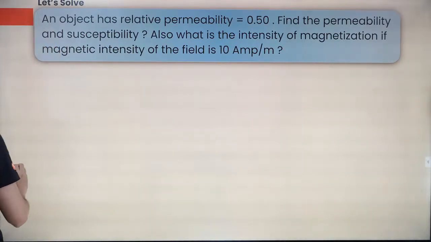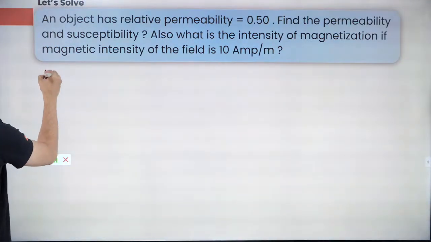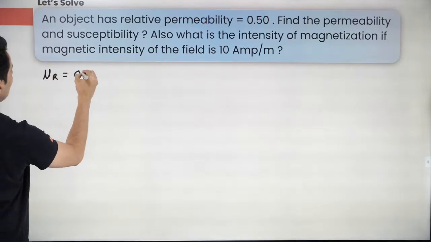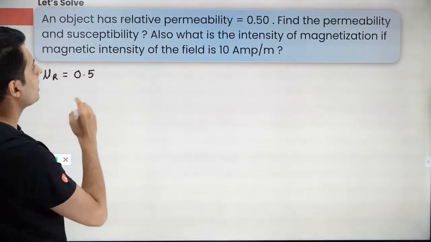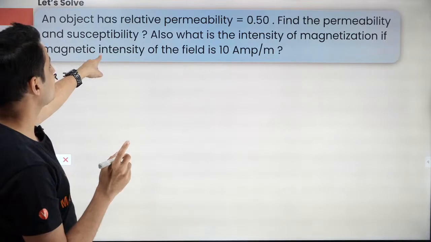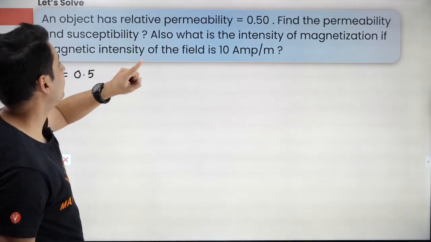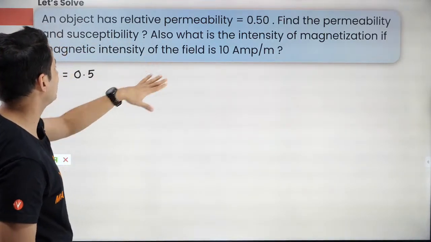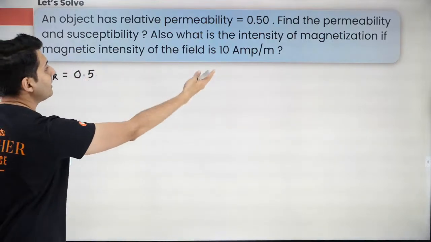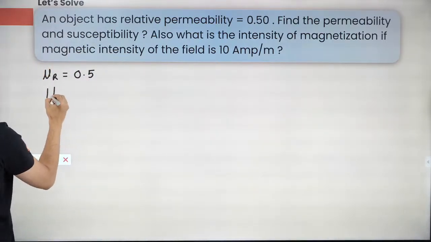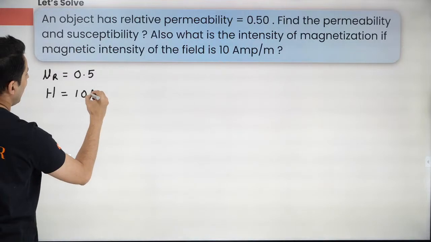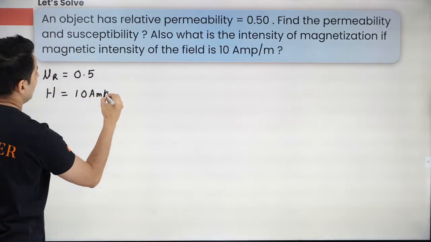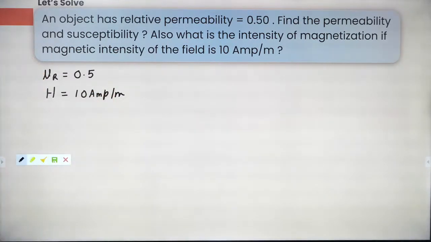So let's write down what is given for us. Mu r is nothing but 0.5. You have to find X, you have to find permeability, you have to find intensity of magnetization, provided magnetic intensity is 10. So H is given as 10 ampere per meter.